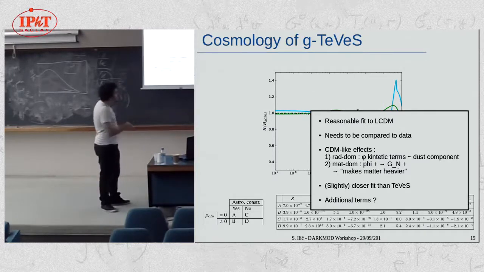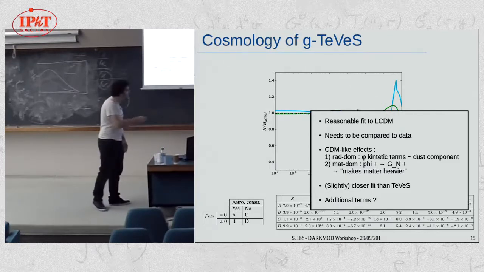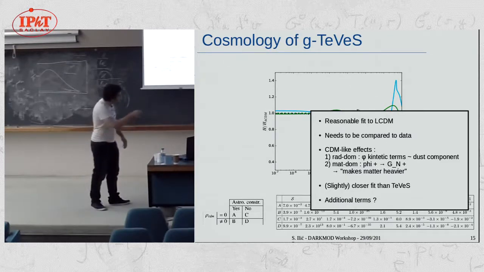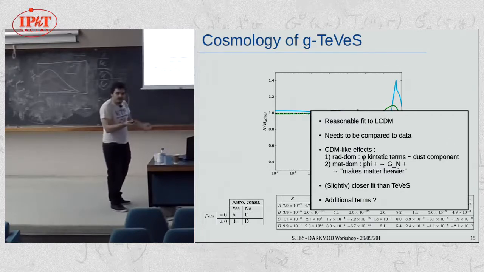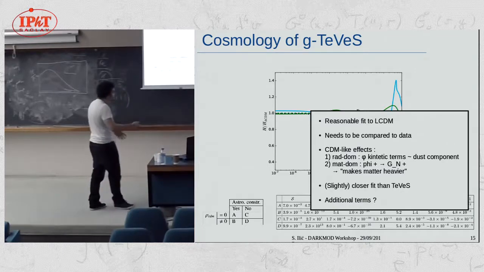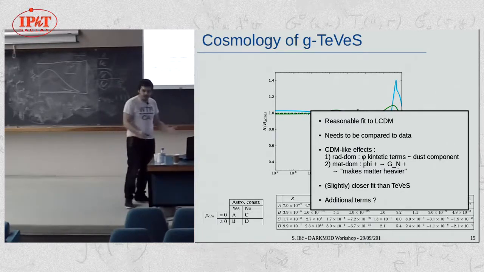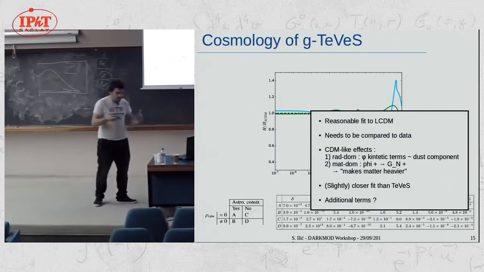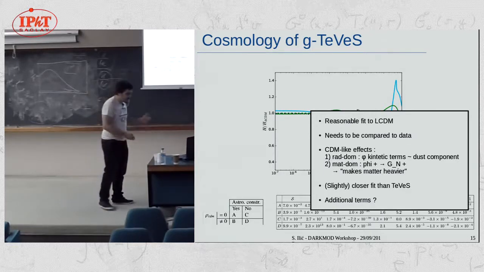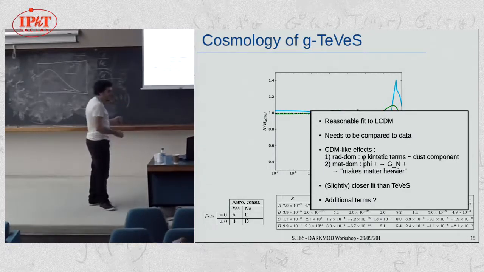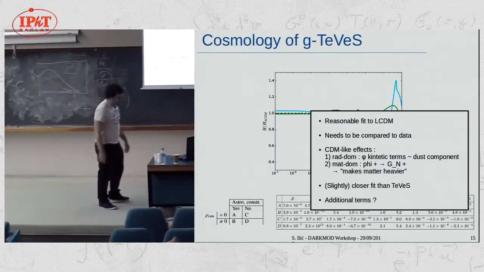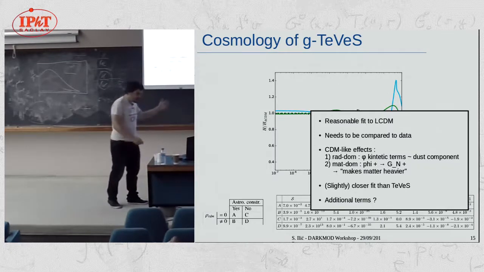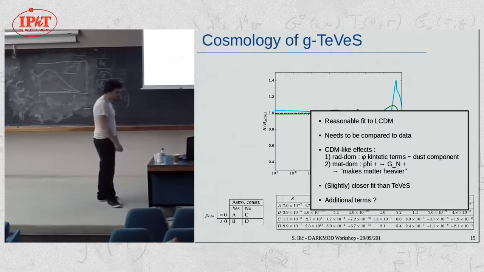And in the matter-dominated era, these first effects disappear, and then it's the increase of phi that results in an increase of the effective Newtonian constant, which in turn makes matter heavier and helps recover lambda CDM behavior. Compared to the original TeVeS model with the original Bekenstein free function, the fit is slightly better, and again it's thanks to these effects during the radiation-dominated era, which are not present in the original TeVeS.